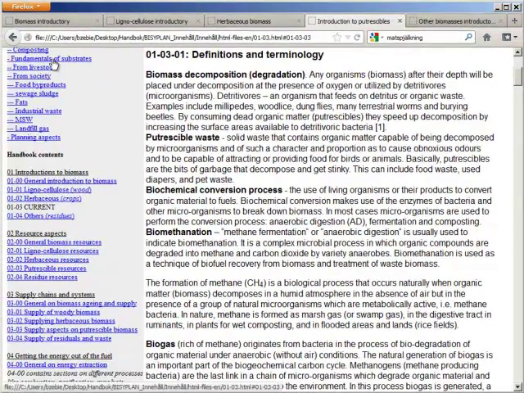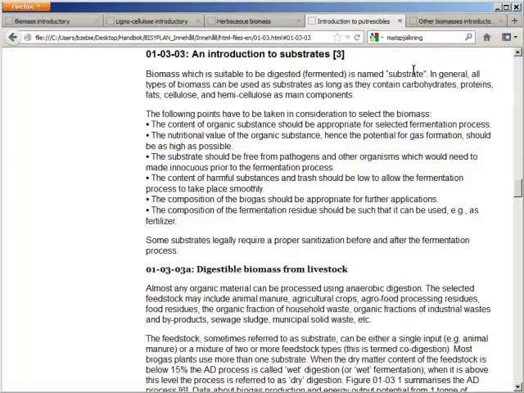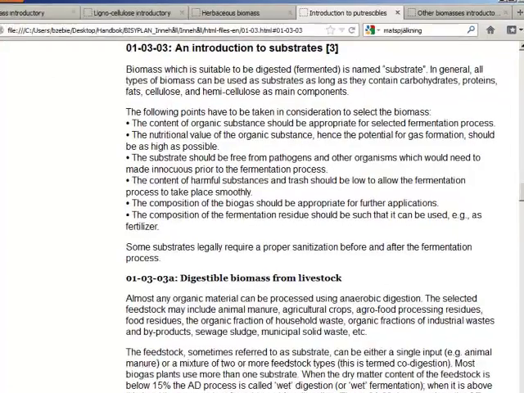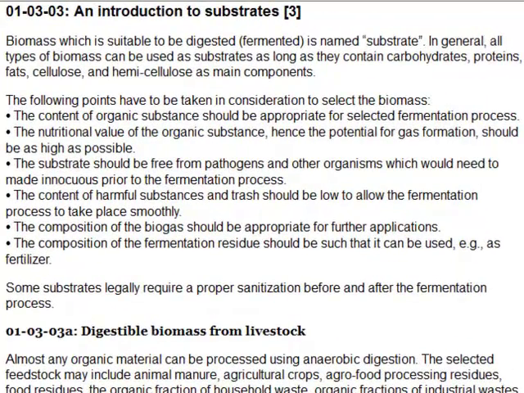Looking at the fundamentals and the properties demanded of a substrate to be putrescible or biodegradable, there basically has to be not too much lignin. The putrescible wastes or the biodegradable wastes should mainly contain simple carbohydrates, proteins, fats, and cellulose and hemicellulose, not lignin.